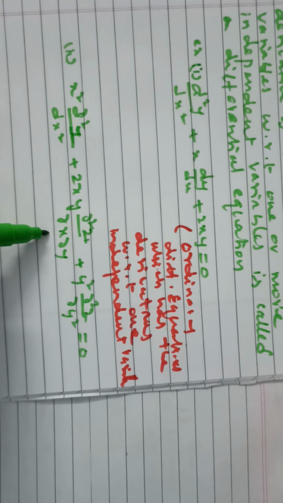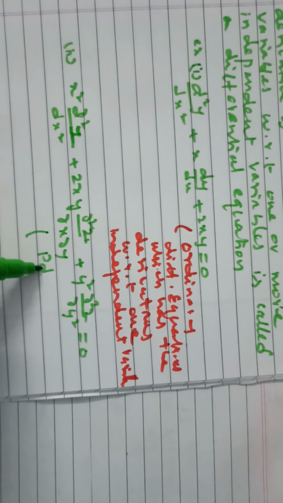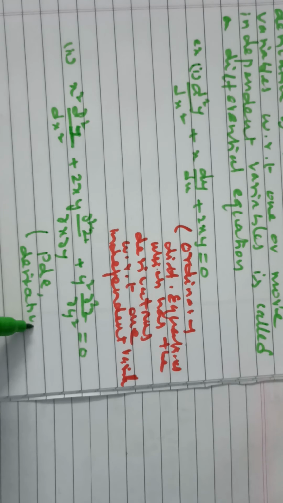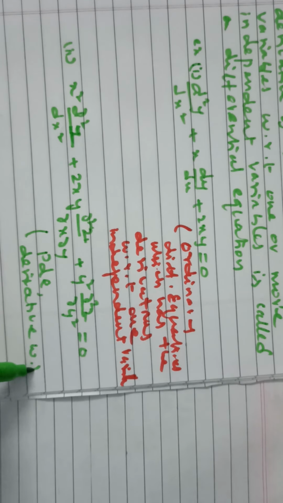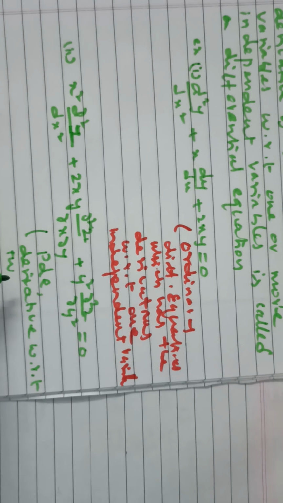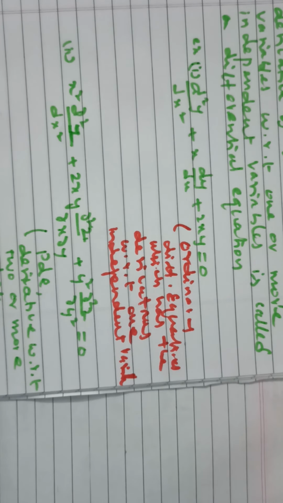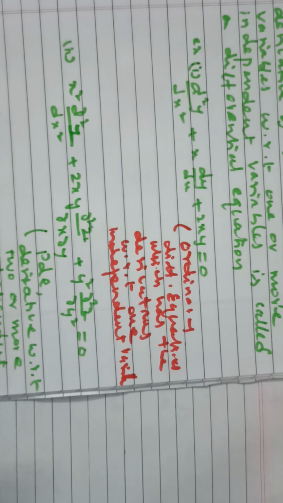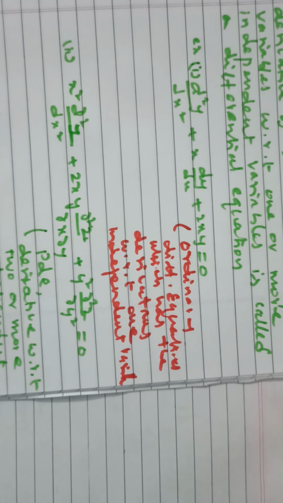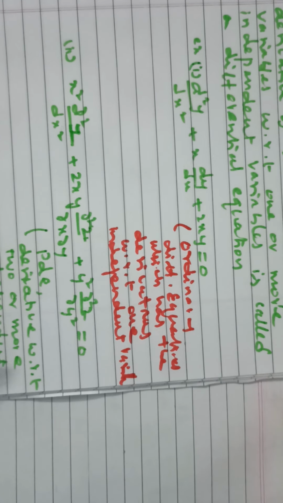So this is called a partial differential equation, or PDE. Here the derivatives are with respect to two or more independent variables. So in this equation, x and y are the independent variables with respect to which we have the derivatives.